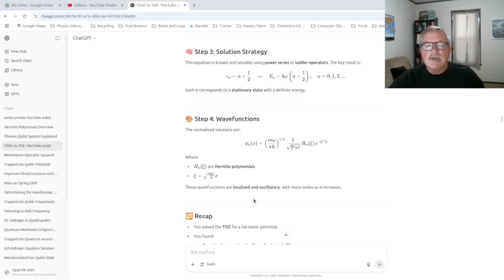It mentions Hermite polynomials, and it gets so mathematical that, like I said, my head's starting to hurt, and I'm even embarrassed to talk about it.